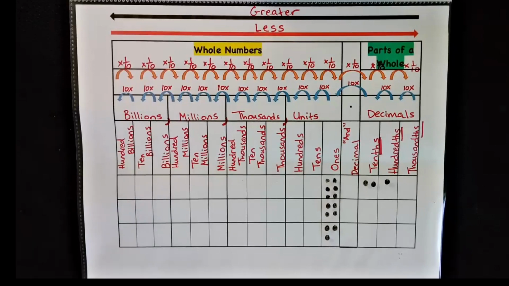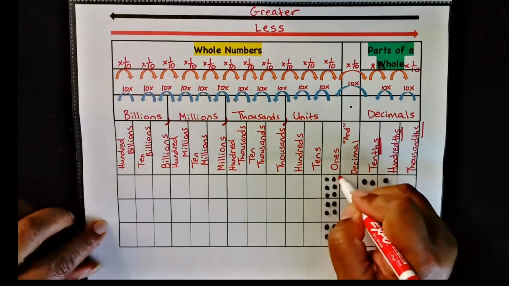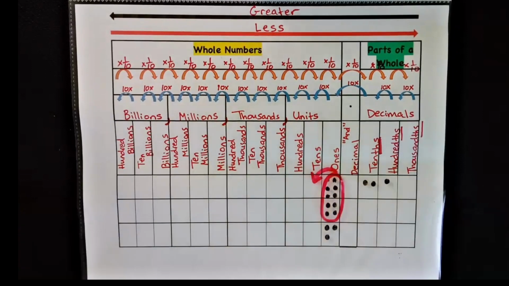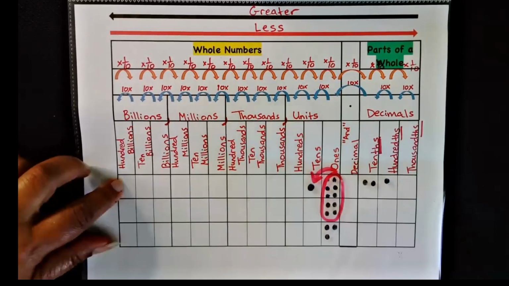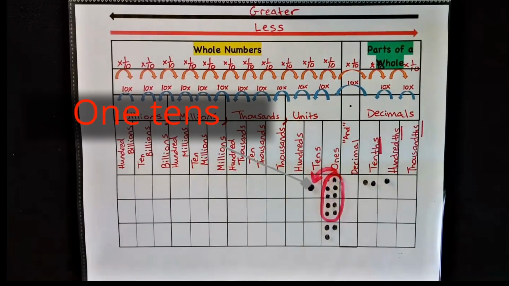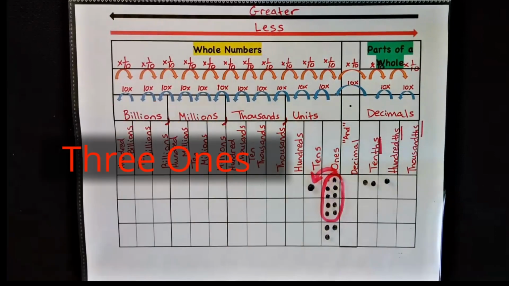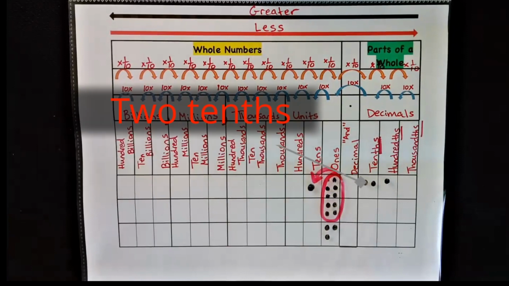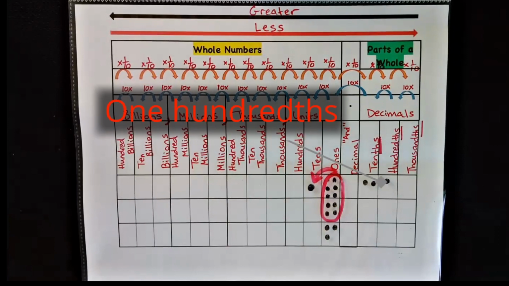There are numerous ways to show this value. One way is to regroup 10 discs from the ones place into 1 disc in the tens place. Now I have 1 tens, 3 ones, 2 tenths, and 1 hundredths.